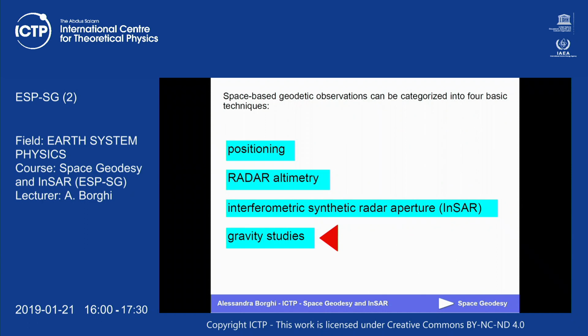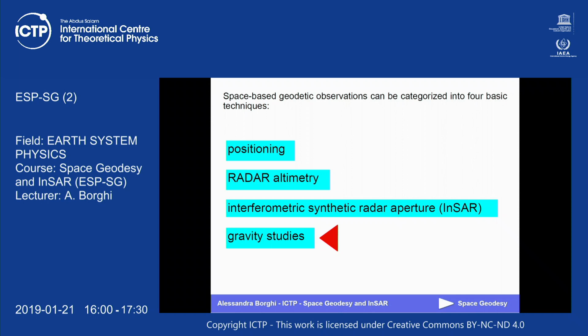What can we obtain by satellite geodesy? We can obtain information on positioning. In this category we can put GPS, but also other techniques that we are going to introduce, like satellite laser ranging or VLBI, a technique that we share with the astrophysics community. We can use radar altimetry, which I already mentioned, to measure the sea level, the surface of the oceans.